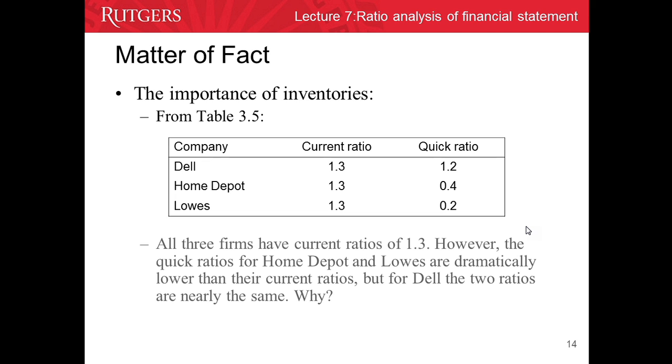So a company with less inventory has a higher quick ratio, which indicates better liquidity.